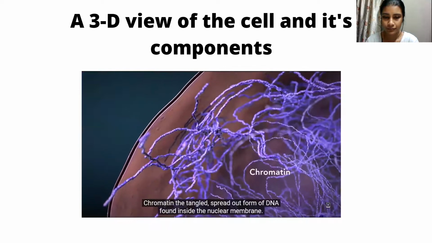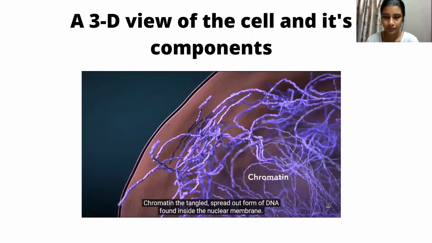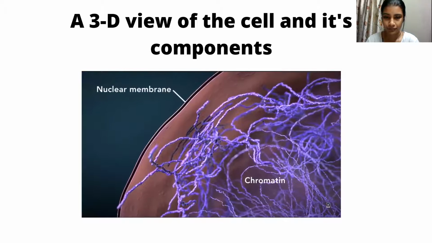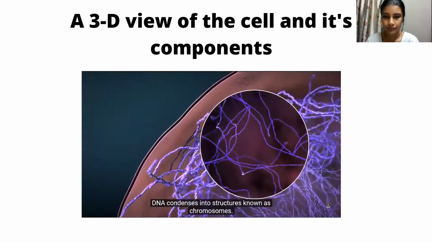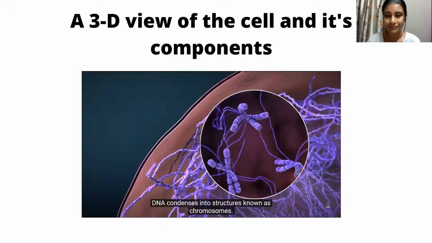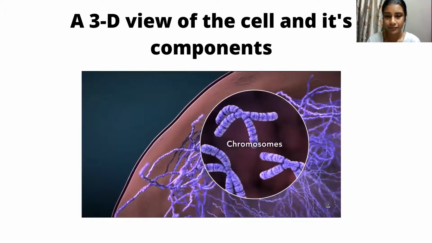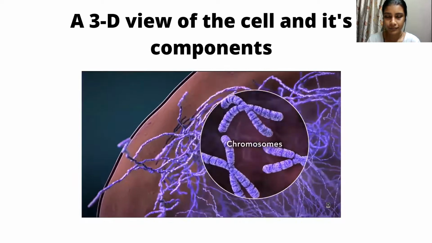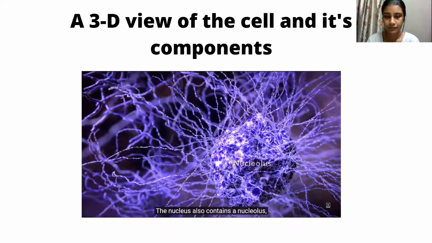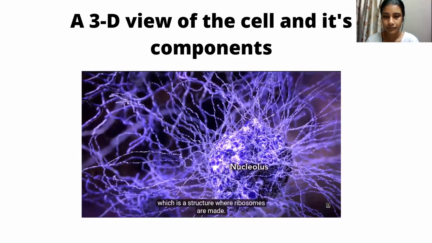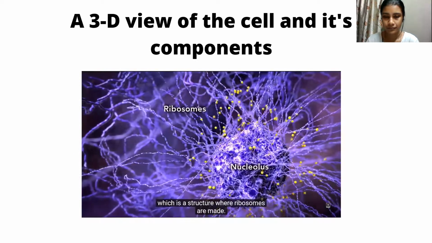Chromatin is the tangled, spread-out form found inside the nuclear membrane. When a cell is ready to divide, DNA condenses into structures known as chromosomes. The nucleus also contains a nucleolus, which is a structure where ribosomes are made.